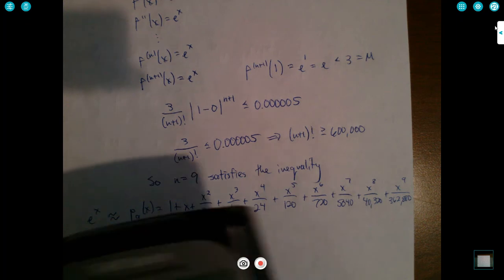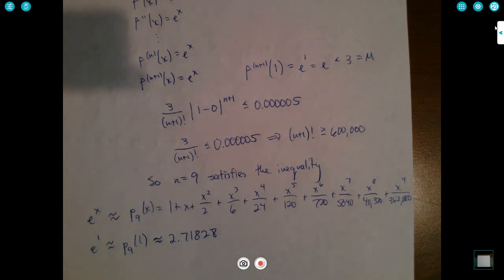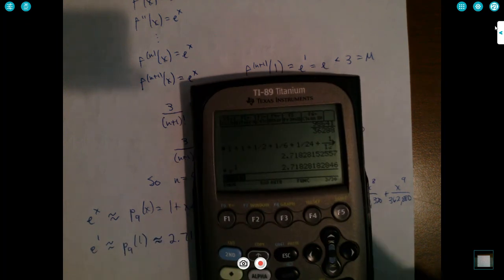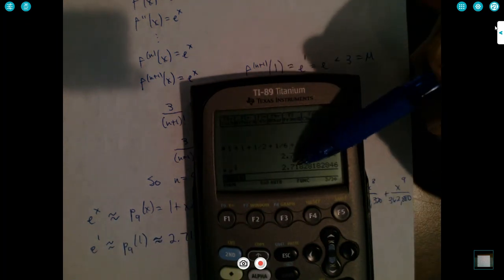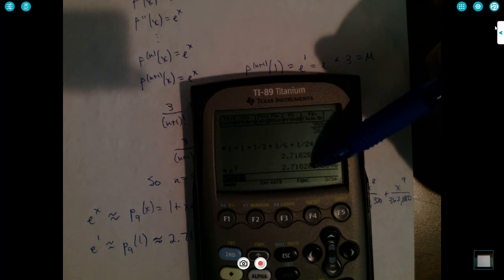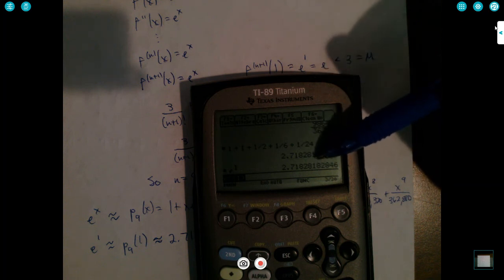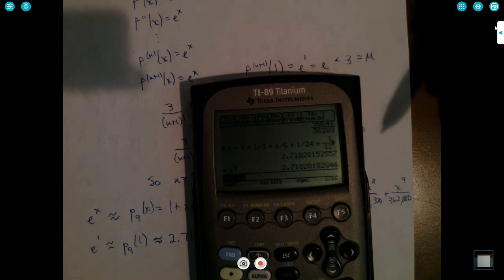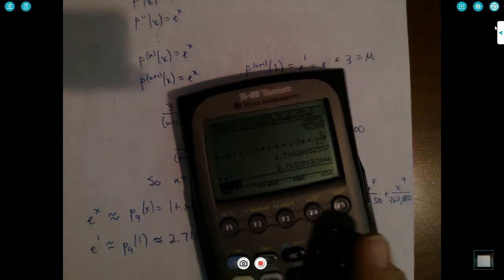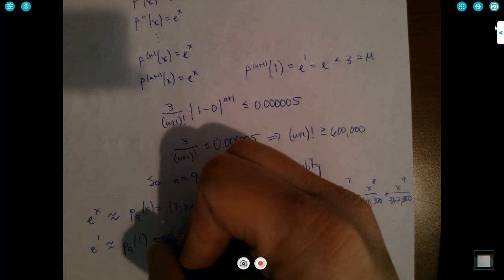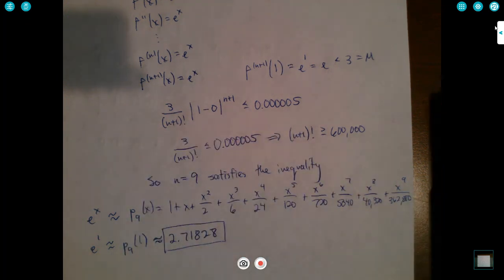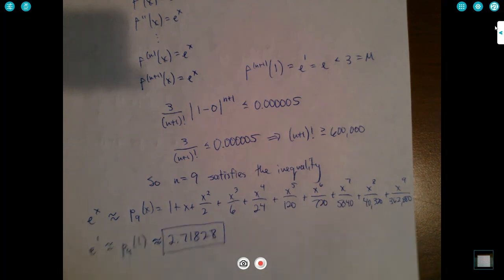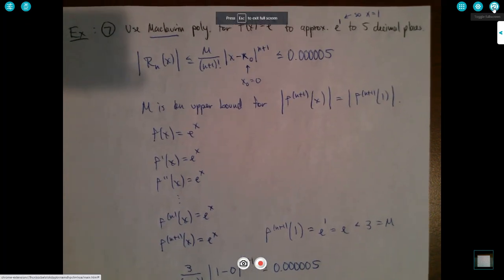Now, if you compare that to the actual value of e to the first power, to 5 decimal places, 1, 2, 3, 4, 5, we're the same. Actually, to 6 decimal places, we did pretty good. It's at 7 decimal places that we start to see a difference. Okay, but there you go. So there's our approximation to 5 decimal places. Okay, so that is all I have to say about that.